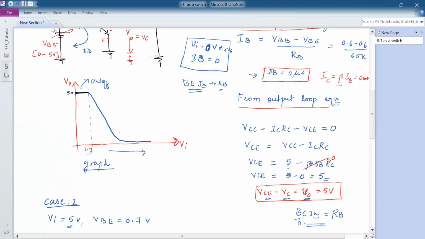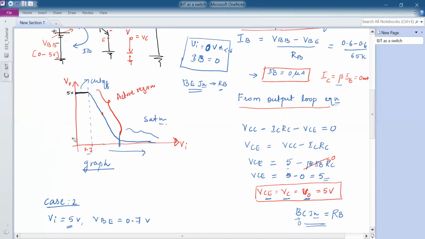So this part where the current is varying very slowly and output is also varying very slowly and slowly reaches 0, this part of the graph, we call it saturation, where both the junctions are forward biased. At any particular point, if you take, there will be a constant voltage of V0. And this is the point of active region.